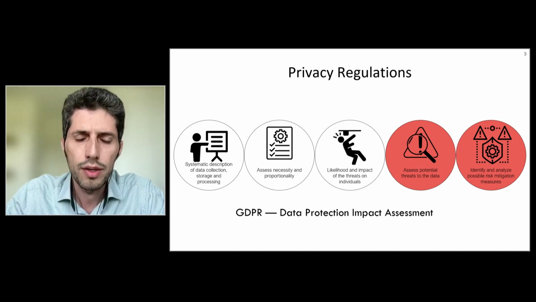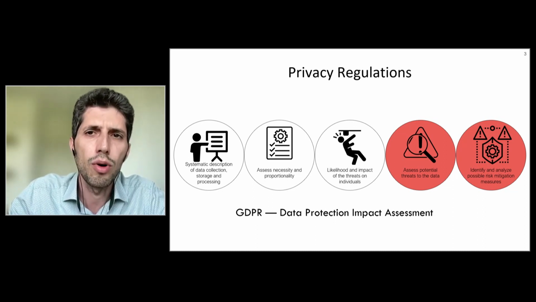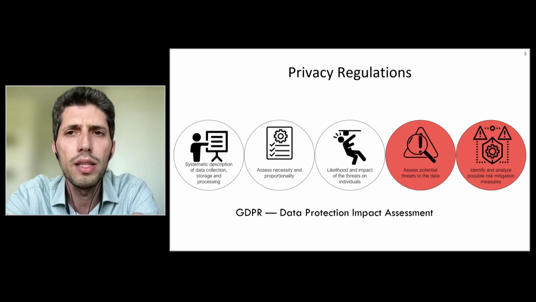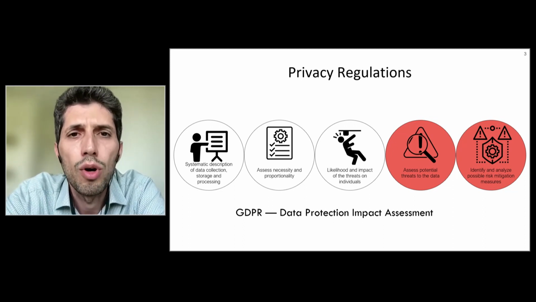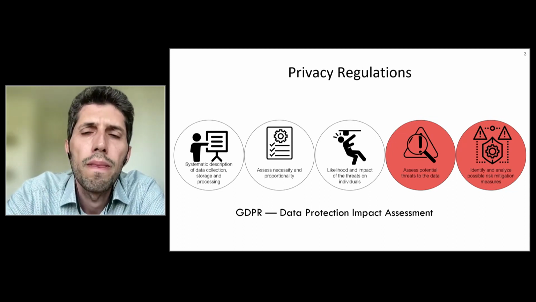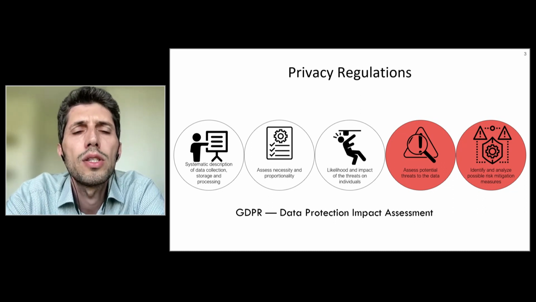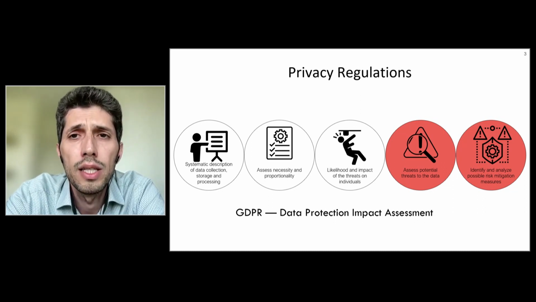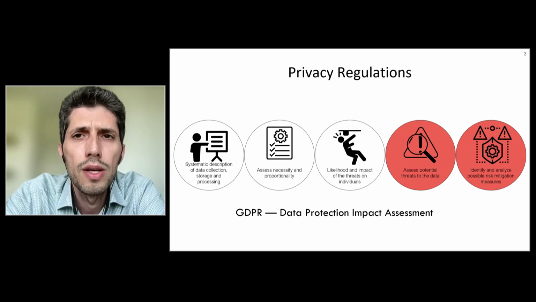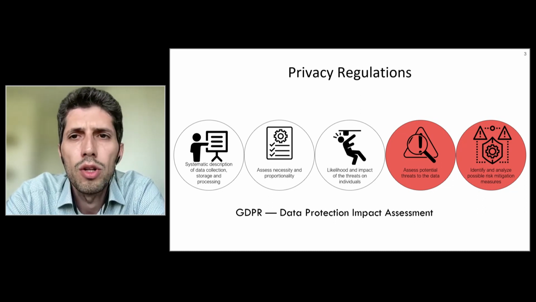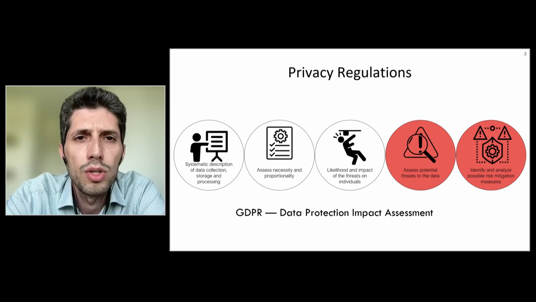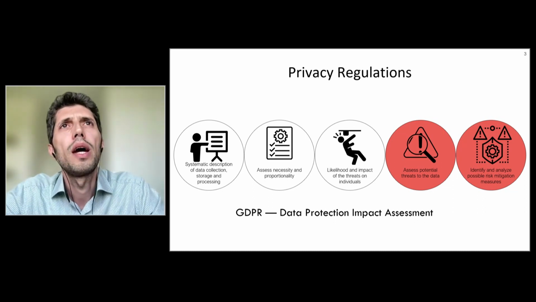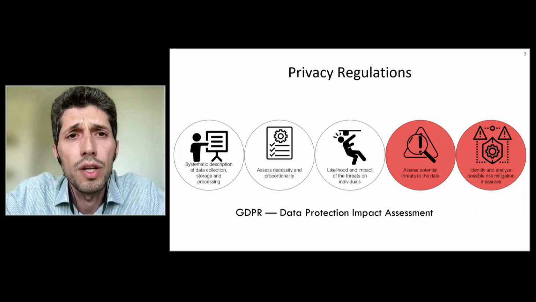Yes, so the privacy regulations and policies have identified the importance of the problem of assessing privacy risks and coming up with techniques that can mitigate those risks. In particular, in GDPR, multiple articles talk about data protection impact assessment, and this is very important.